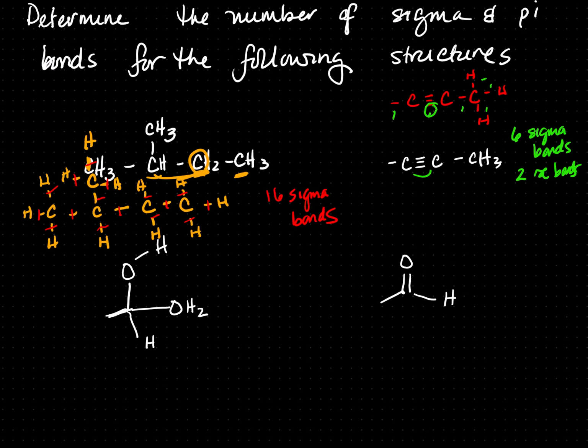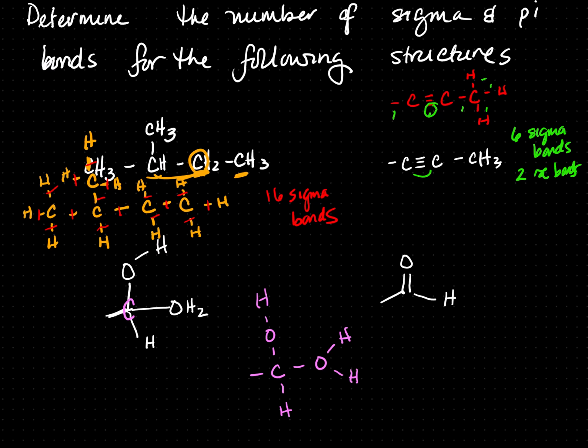Bottom left corner, if we have a structure that is drawn in this format, in the middle there is a carbon. So that means we have a carbon which is bonded to an oxygen and a hydrogen, a single bond here, to another hydrogen, to another oxygen which is bonded to 2 hydrogens.